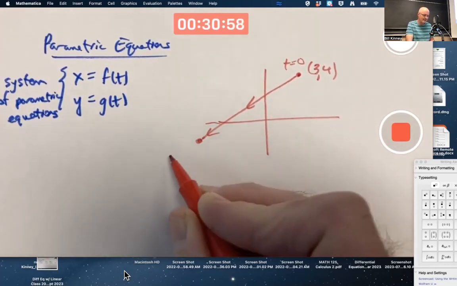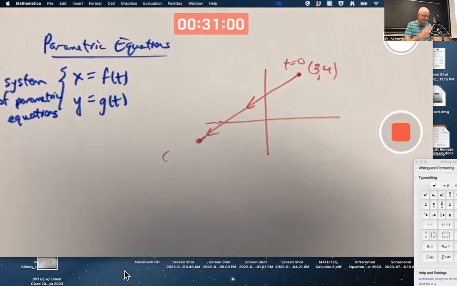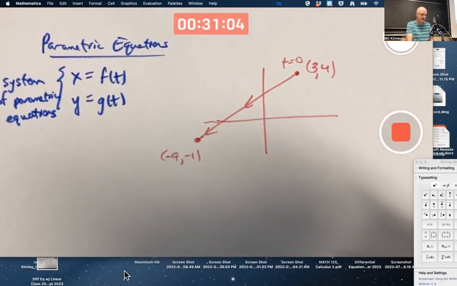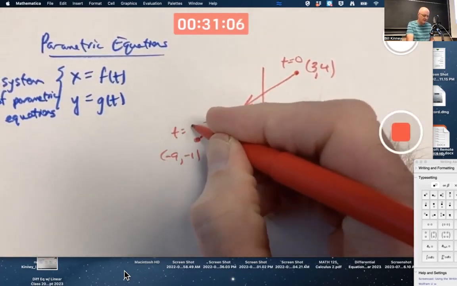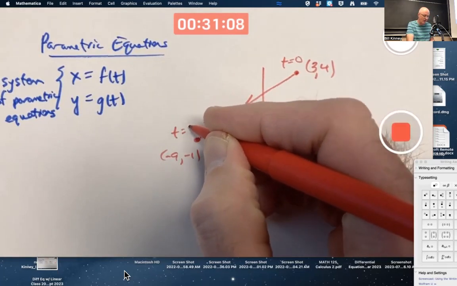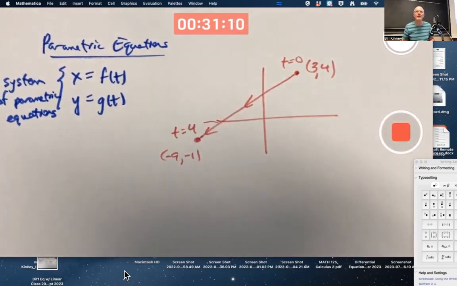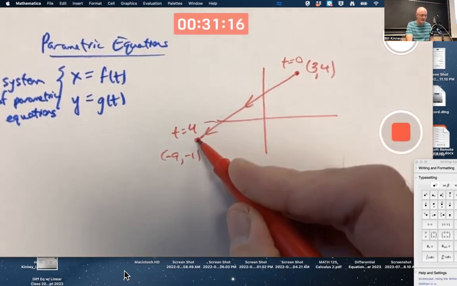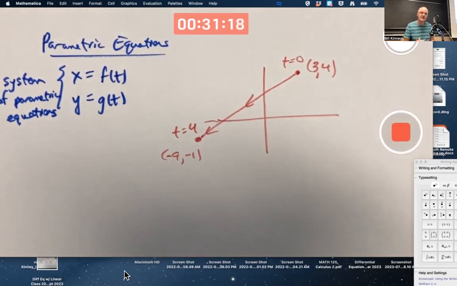And this bug, let's say, ends at the point -9, -1, when t equals, let's just say 4, just to make something up. So it's like 4 seconds of time, the bug has traveled from this point to this point at a constant speed. We can use parametric equations to model the x and y coordinates of that bug at the same time.